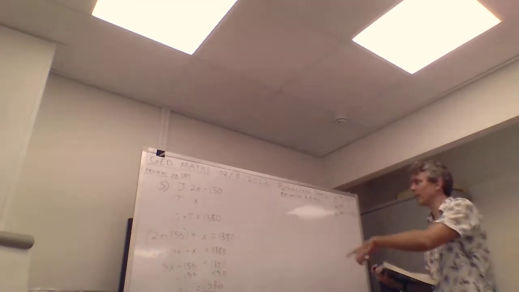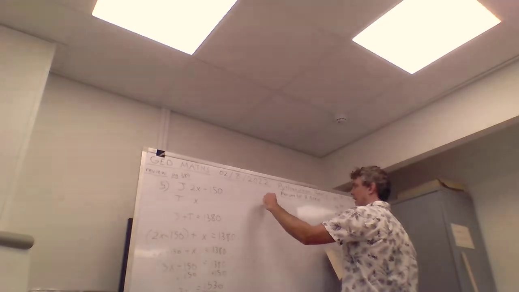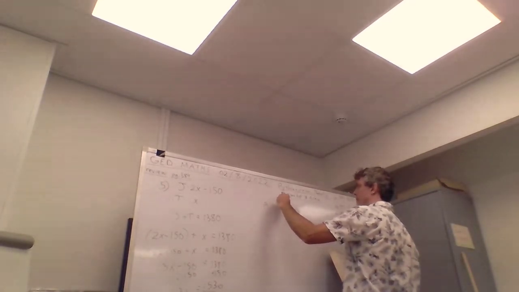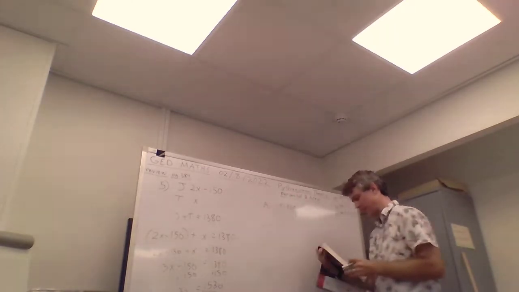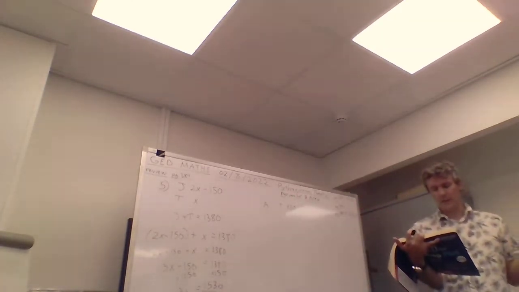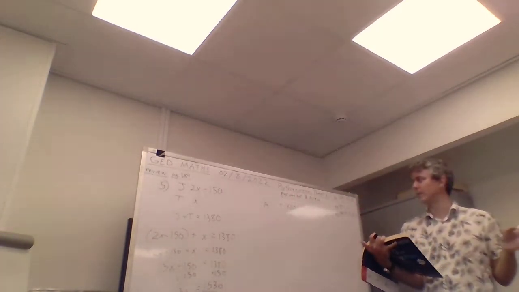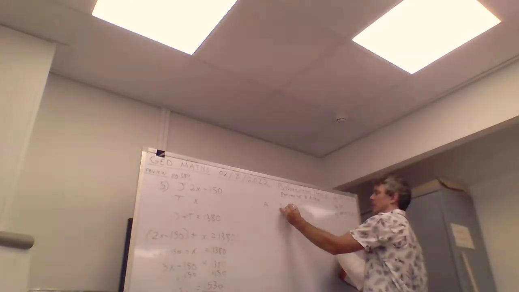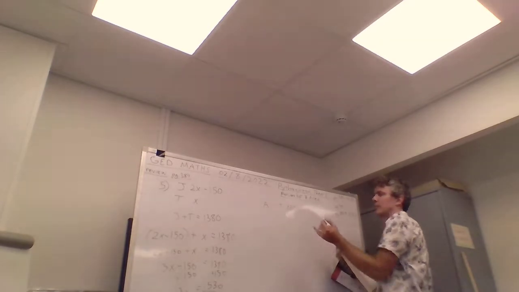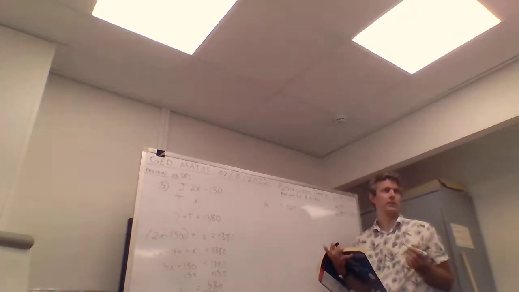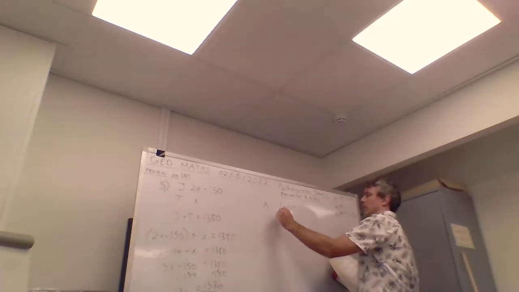Now the other way to do it is to test with all the answers. So let's look at A. A says that Tom is 320, and therefore Jan is 150 less than twice Tom. So we have to test it. What is 2 times 720? 1,440.